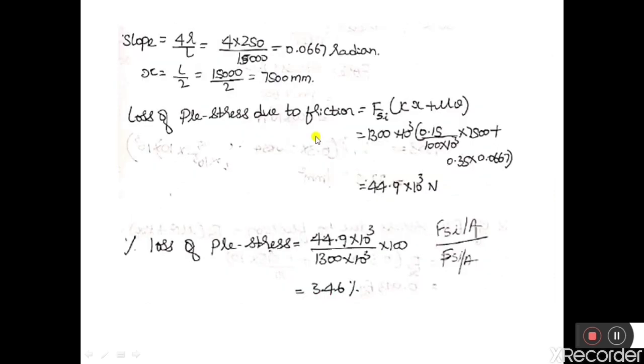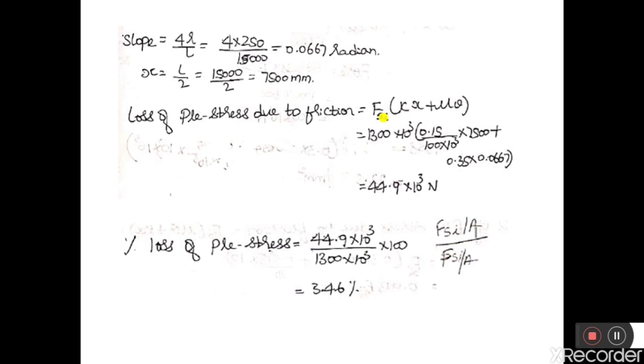So we know the formula to calculate loss of pre-stress due to friction. The loss of pre-stress due to friction is equal to Fsi into (Kx plus mu theta). Fsi is nothing but the initial pre-stress. But in the question, they have not given the initial pre-stress.